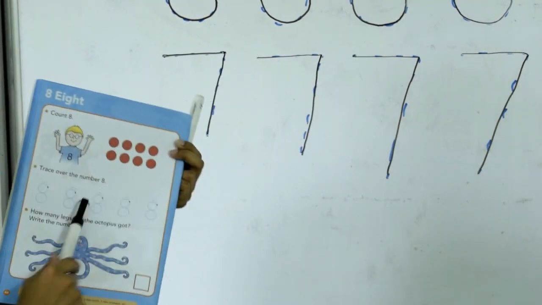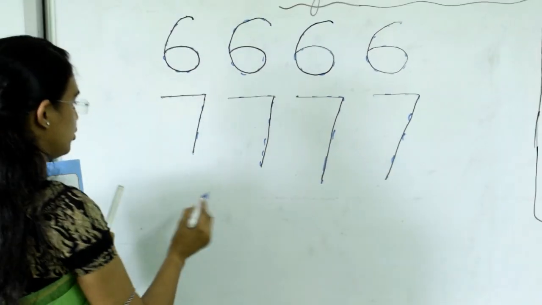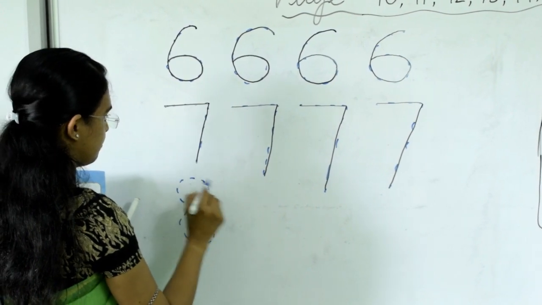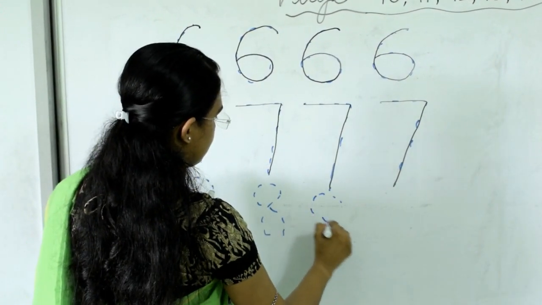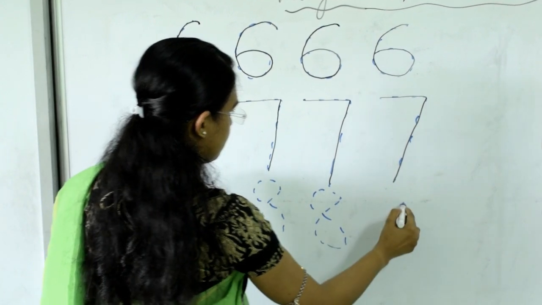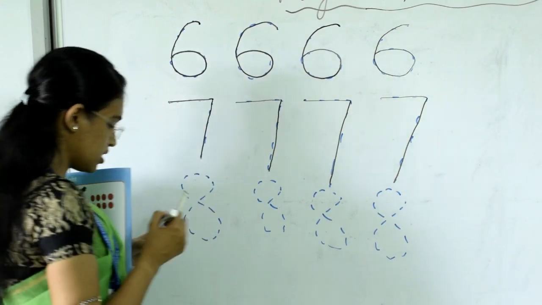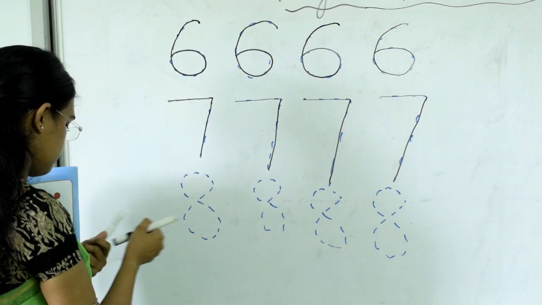First I will show you how you will write the number 8, or how you will trace the number 8, okay? This is number 8. Now how will you trace the number 8?